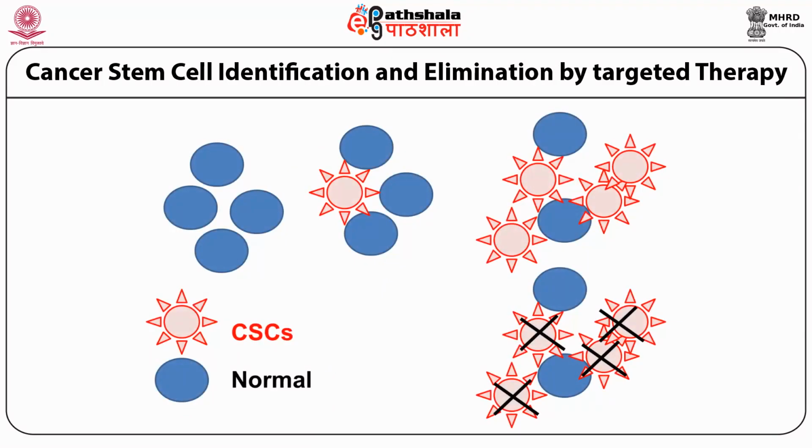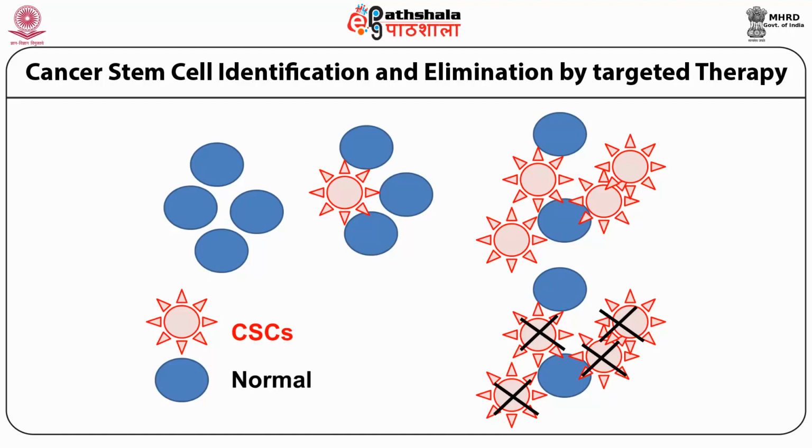In cancer treatment, identifying a cancer stem cell has both a diagnostic utility, and also selective elimination of the cancer cell by chemotherapy will be of immense use in cancer therapeutics. As this slide shows, there are two kinds of balls, a blue ball, which is a normal cell, and a cancer stem cell represented by the red ball.